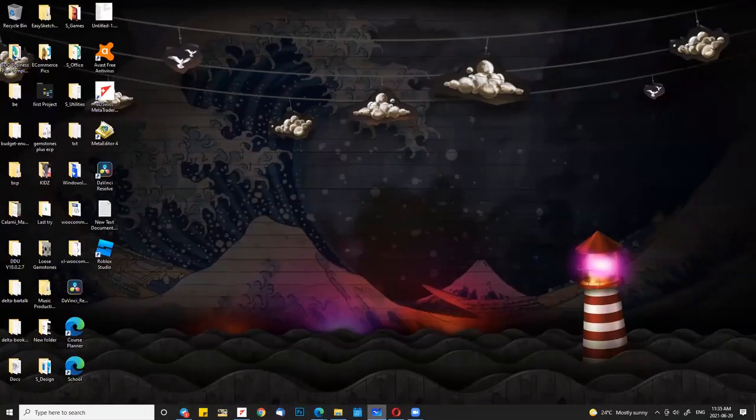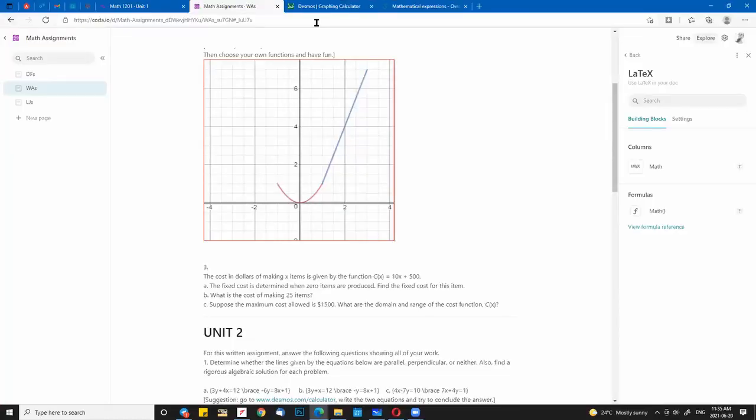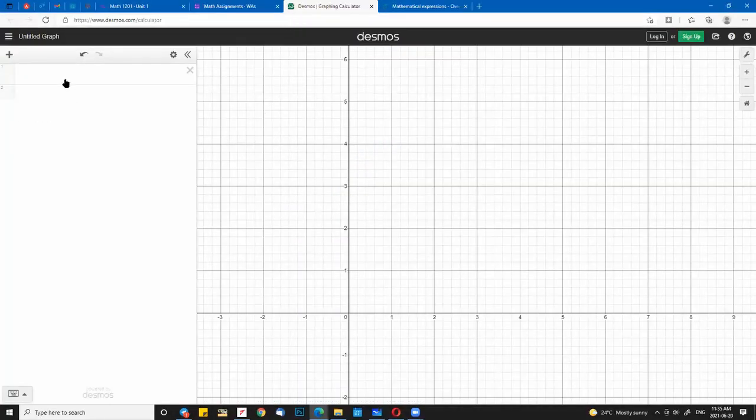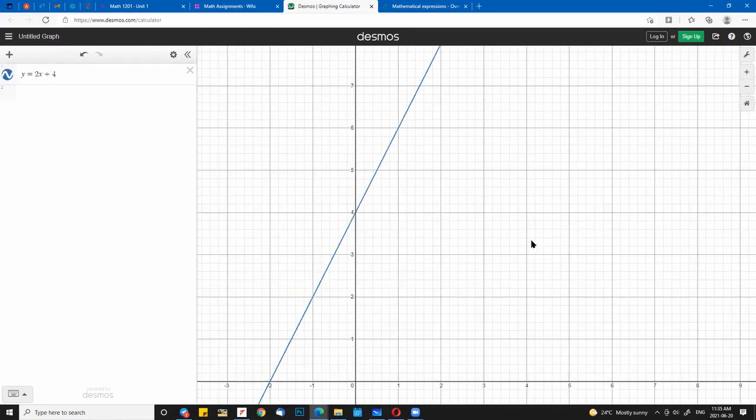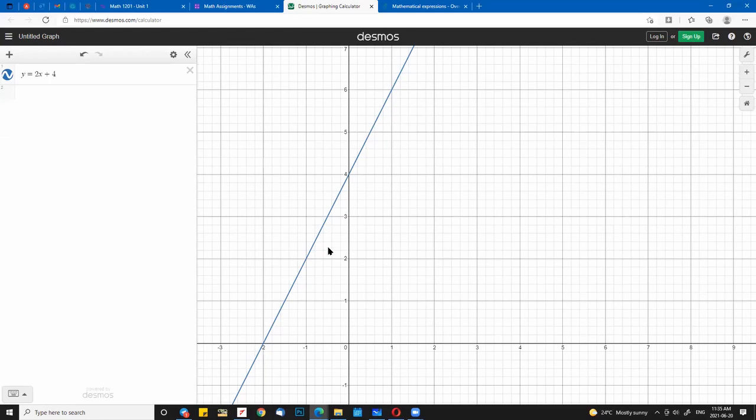So you jump over to Desmos. It's freestyle, so you can put in whatever equation you want. Let's just use a straight line, y is equal to 2x plus 4, okay? And let's use -2 to 0. What you do is use these curly braces, okay?